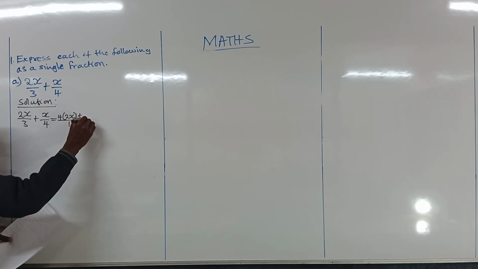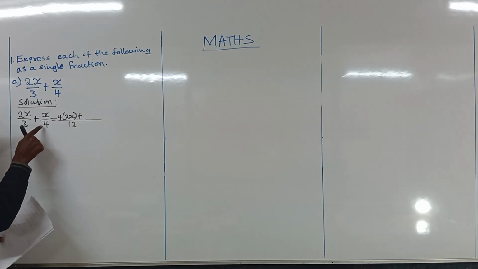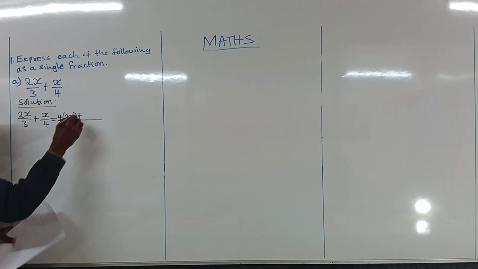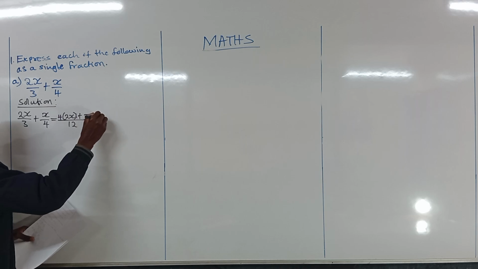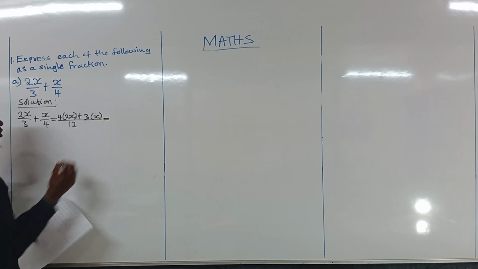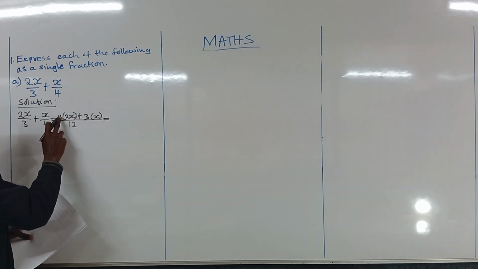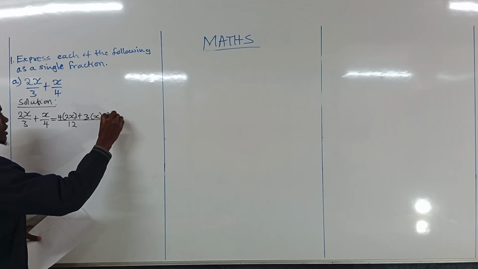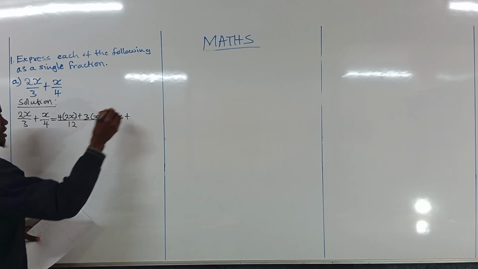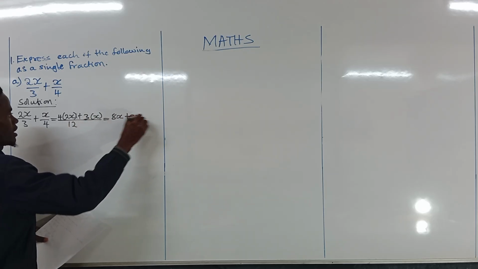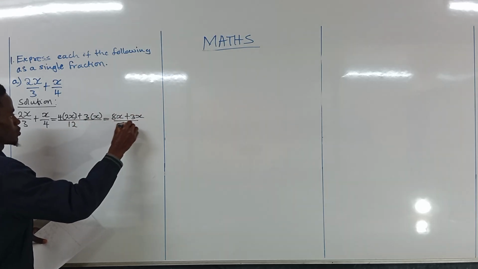Let me extend that. So 4 divides 12 3 times. So we have 3 times the numerator above 4, which is 3x. So our solution becomes 4 times 2 is 8, but we have an x here, so that is 8x, plus 3 times x is 3x, out of 12.